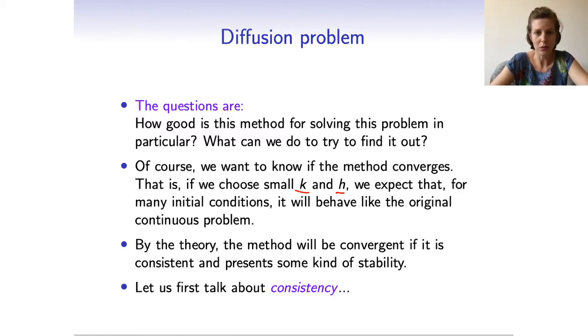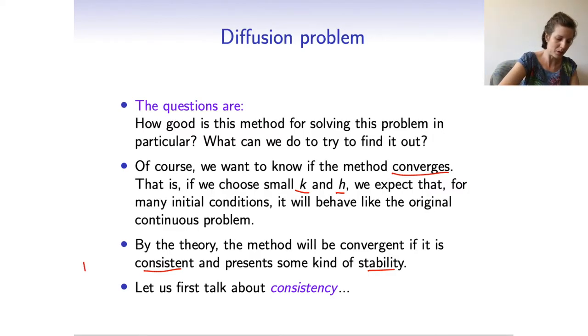So by the theory, saying that the method converges means that if we take k and h going to 0 or small enough, the discrete problem would behave as the continuous problem. And by the theory, the method will be convergent if it is consistent and presents some kind of stability. So consistency, remember, we are talking about the local truncation error going to 0 as k and h going to 0.